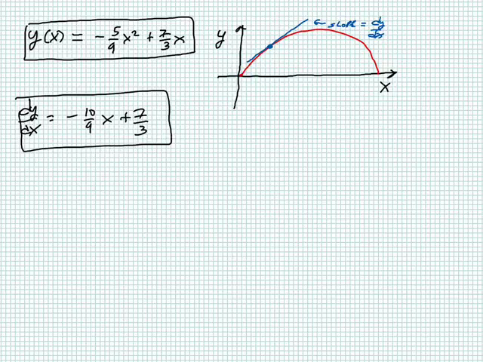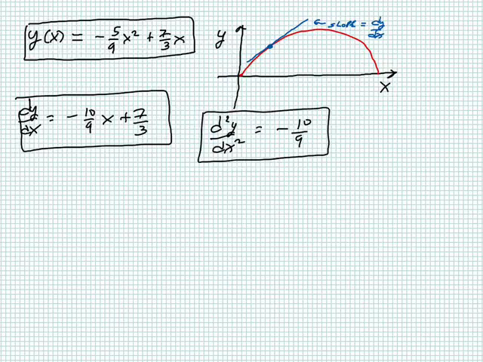And then I can also take the second derivative, and the second derivative of this particular function, d squared y/dx squared, in this case is just equal to minus 10/9. And this gives me the concavity of the graph of y and x. It can also help me test for extrema if I find the critical points using the first derivative.